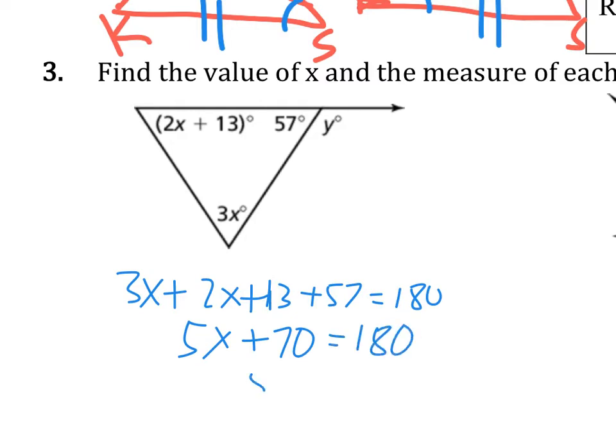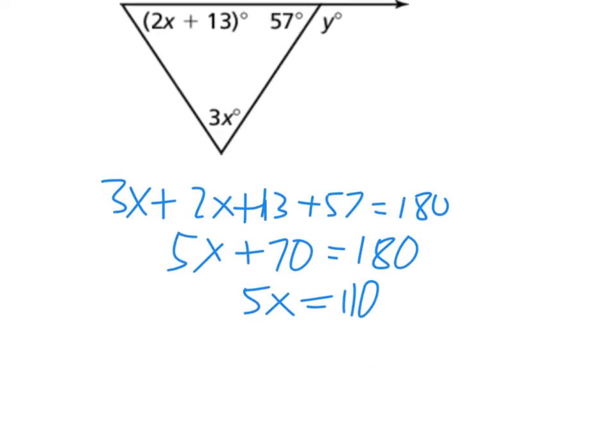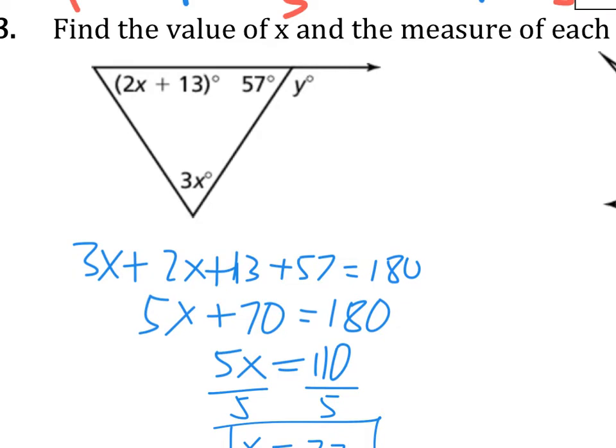So if we subtract 70 from both sides, we get 110. And then we can divide by 5. And 5 goes into 110 22 times. So x is 22.